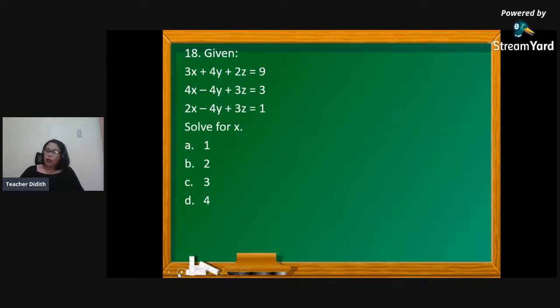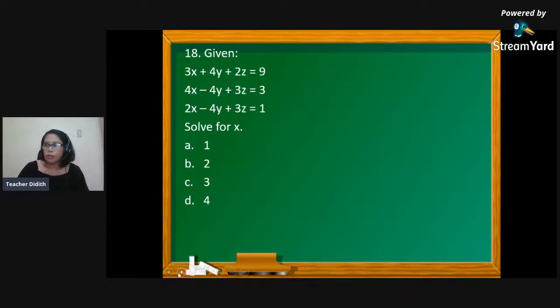Kasi nga, the coefficients of y are either the same or the additive inverse of each other. So we can make use of elimination. Actually, I have just introduced elimination for solving system of linear equations in 3 variables. So we have no choice but to do that method.